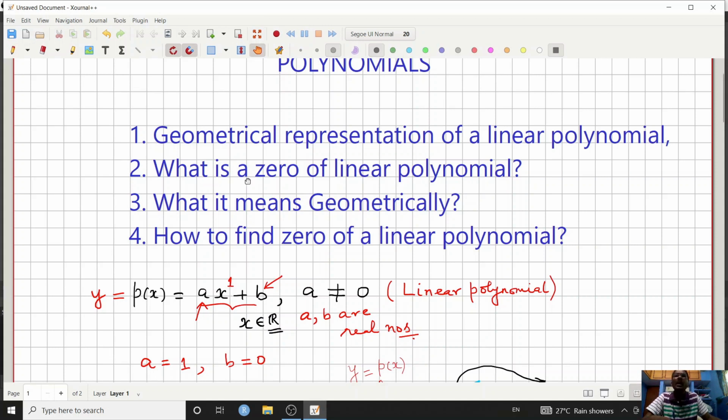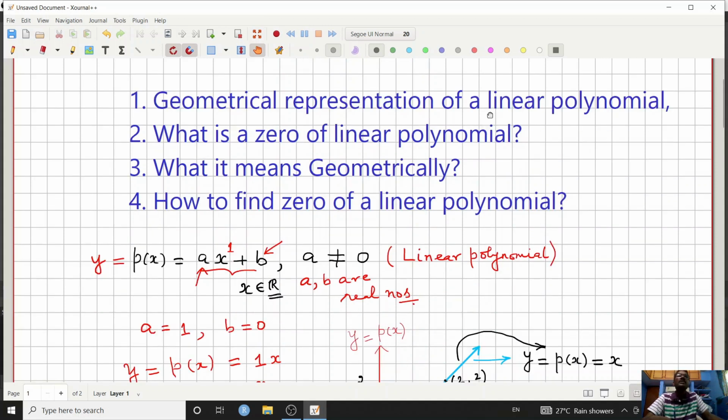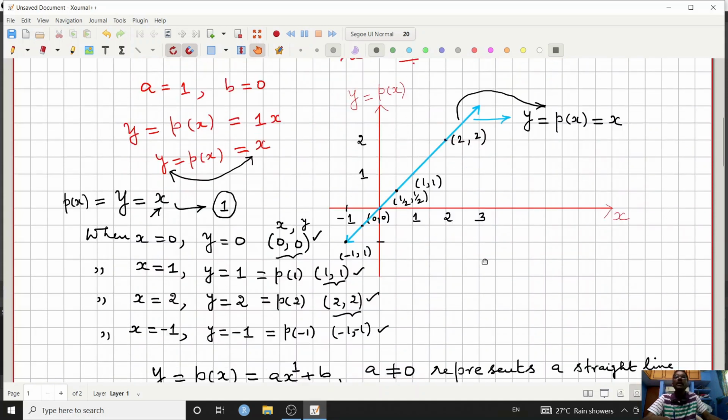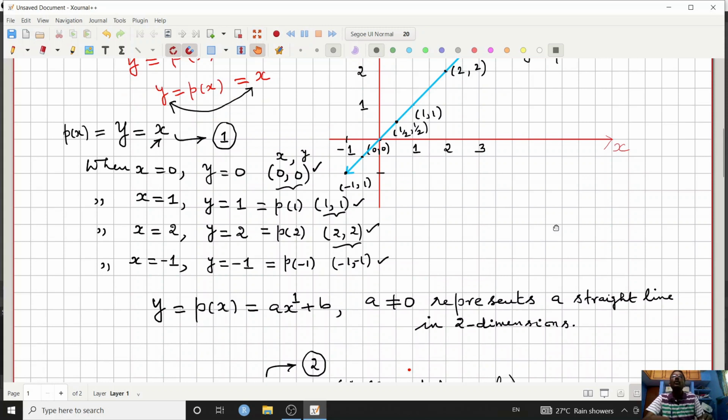Now what is a zero of a linear polynomial? Let us try to answer the second question. We have said that every linear polynomial represents a straight line. If you carefully notice, consider this point now.